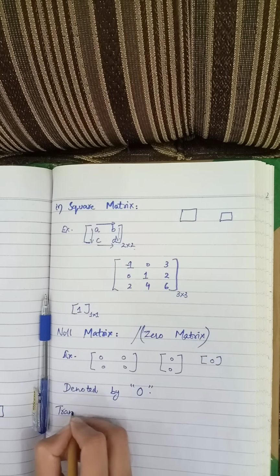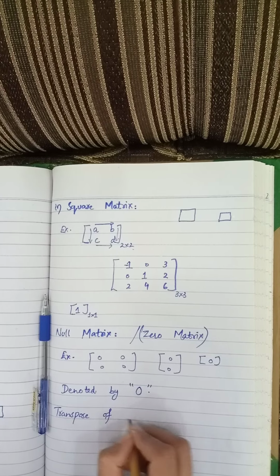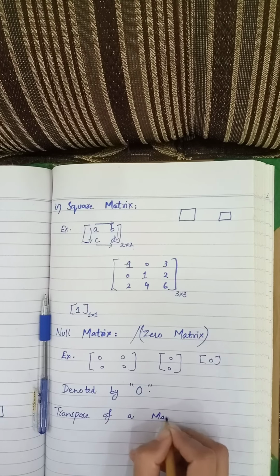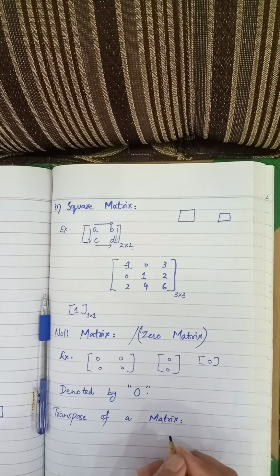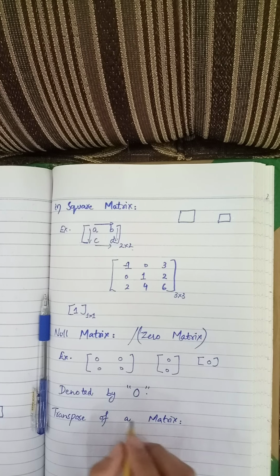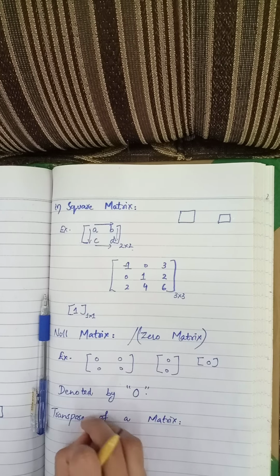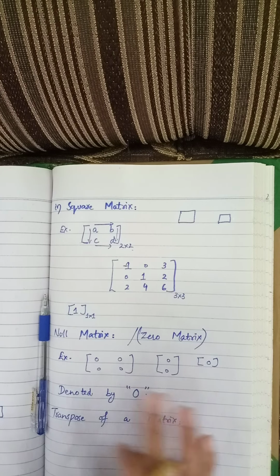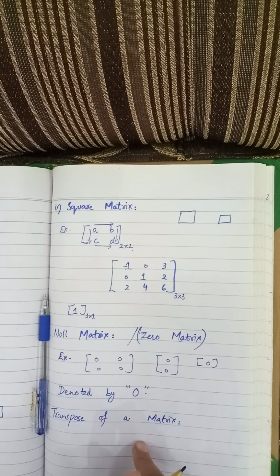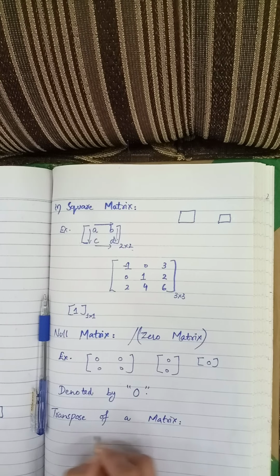Now we will learn about the transpose of a matrix. What is a transpose of a matrix? If we have a matrix A and we change the rows into columns, or the columns into rows, the matrix then obtained is called the transpose of a matrix.